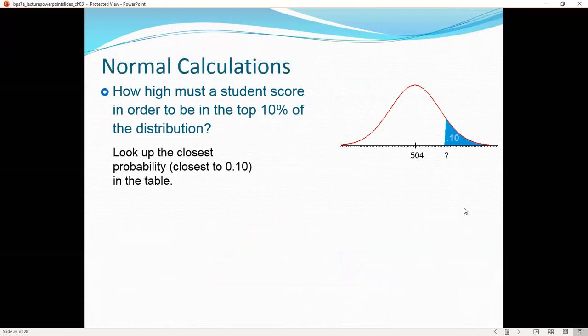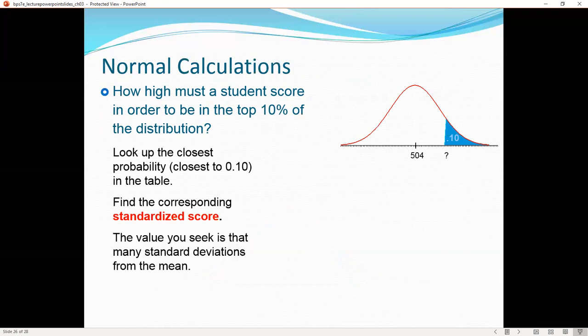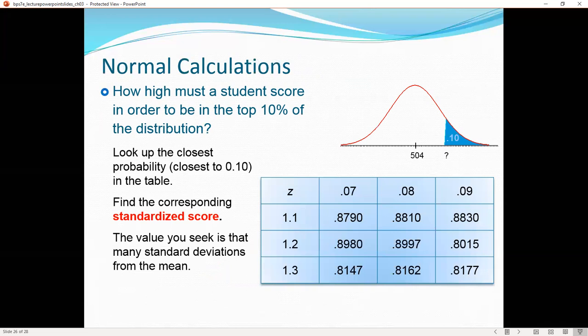Look up the closest probability to 0.10 in the table, and find the corresponding standardized score. The value you seek is that many standard deviations from the mean. So this is going to give us a z-score, right? The closest one we get is 0.8997. Oh, they're going for 90, not 10.